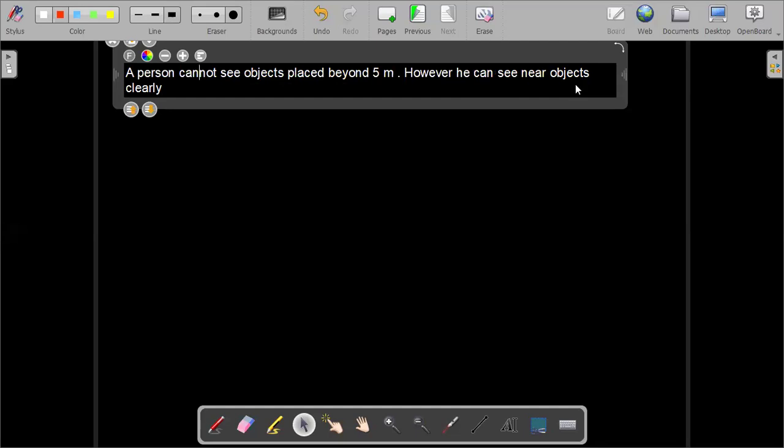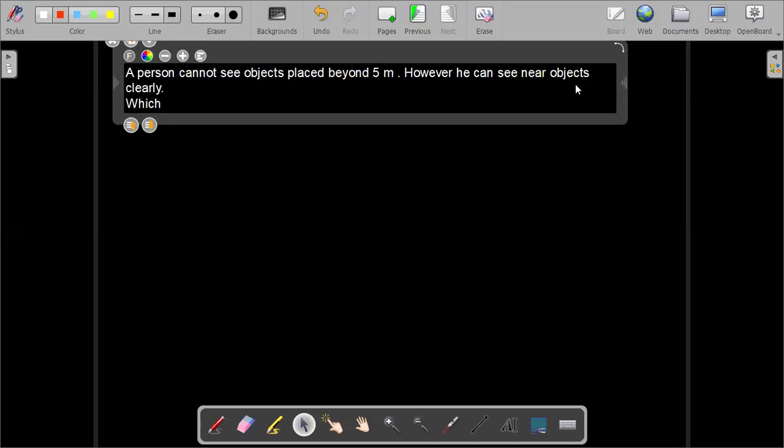However, he can see near objects clearly. So you have to tell which eye defect is he suffering from.